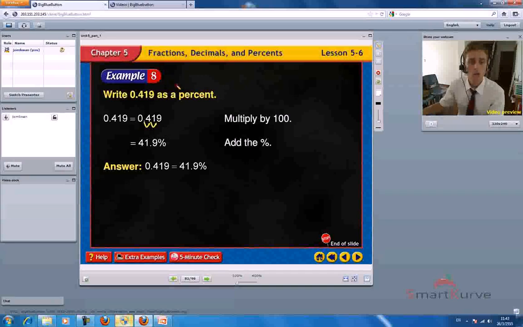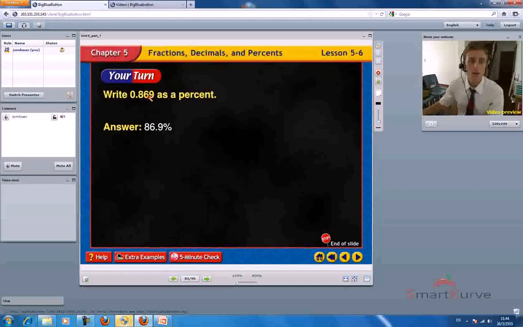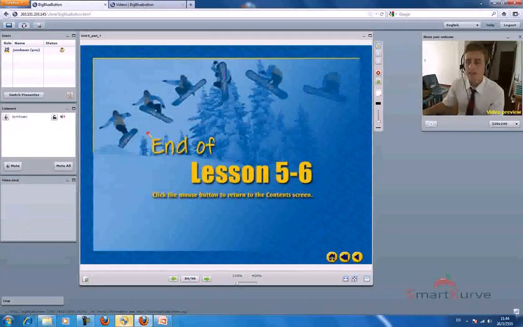Write 0.33 as a percent. 0.33, move the decimal place 2 places, you add a percent sign, 33%. Write 0.52 as a percent. 0.52, move the decimal place 2 places, add a percent sign, 52%.